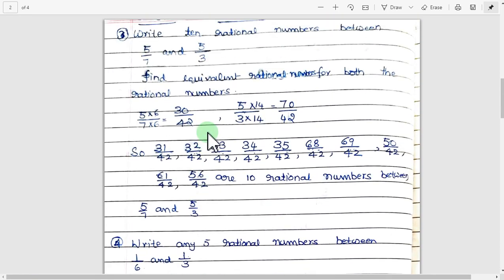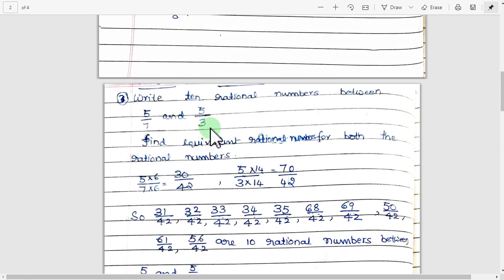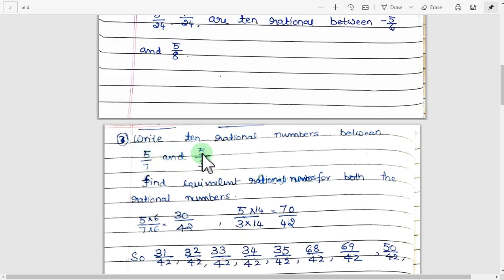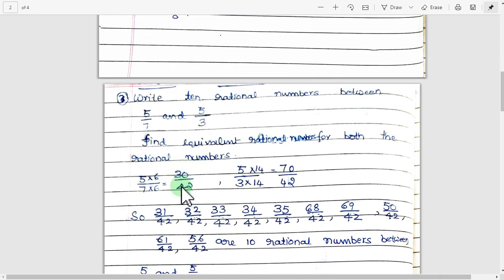Now one more point. In this question, write 10 rational numbers between 5 by 7 and 5 by 3, here numerators are same, children. See this point, you have to make a note. 5 by 7 and 5 by 3, numerators are same. In this case, we have to equate the denominators.